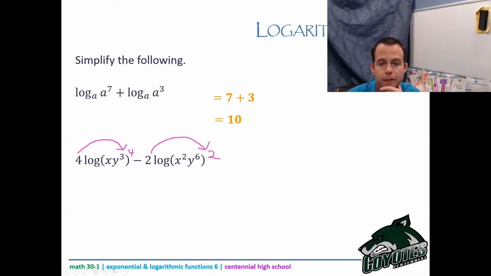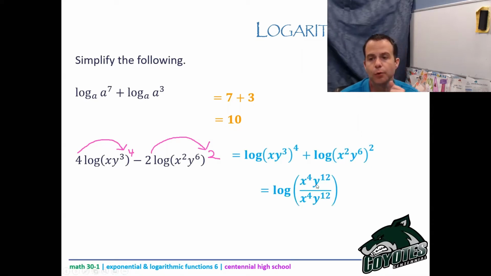So this will be log of x to the 4, y to the 12. So I end up with log of x to the 4, y to the 12 minus log of x to the 4, y to the 12.